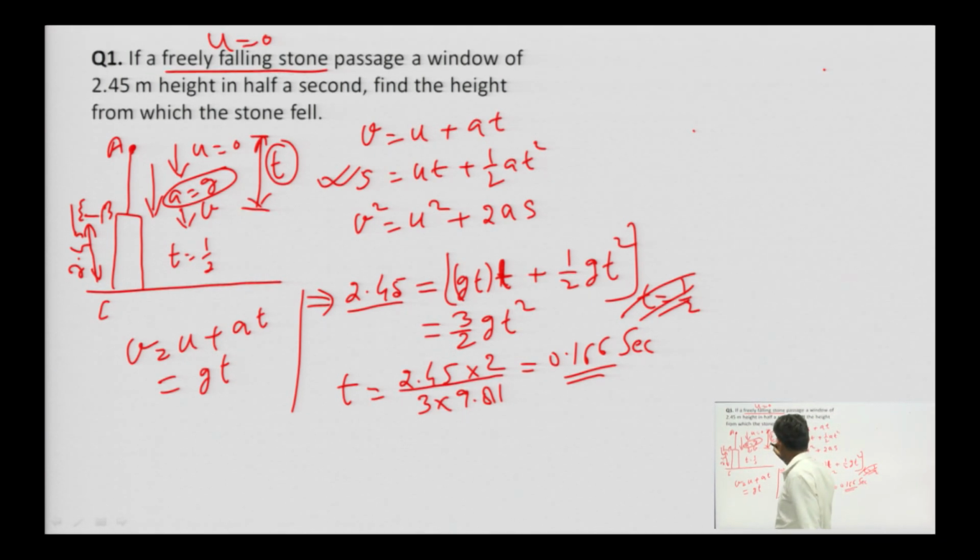For AB it is t, say it is T1 actually. So the final velocity at this point is u plus aT1, so it is gT1.